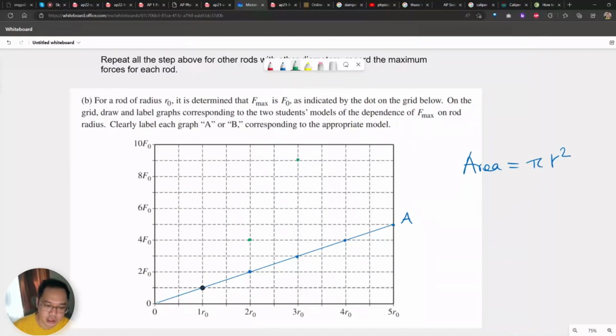So for student B, it's going to be a parabola. Not very accurate, but almost a parabola like that.